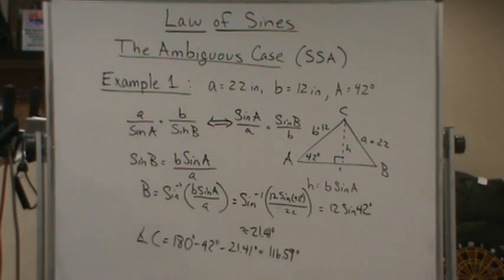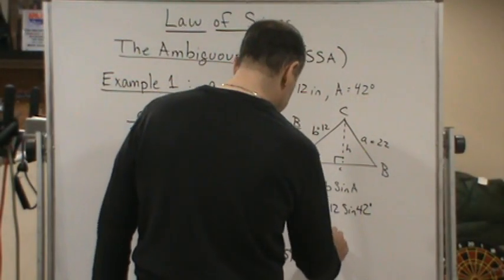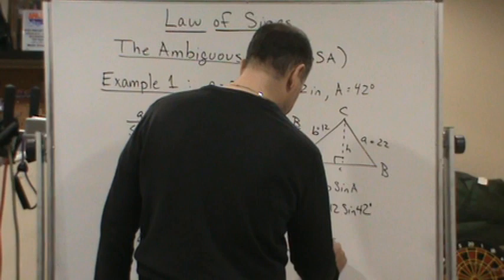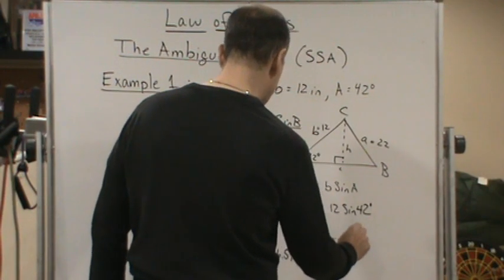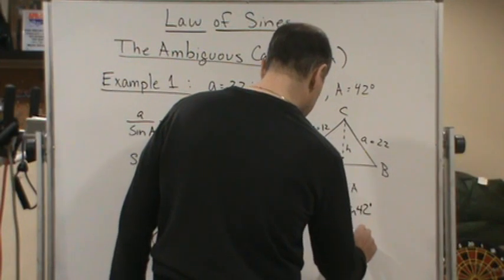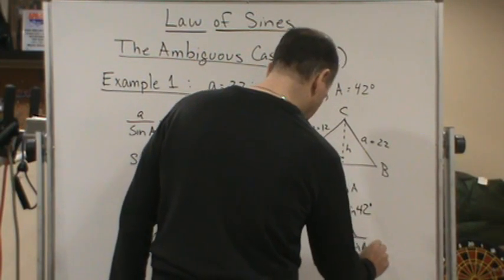And so now we've got all three angles, and now we're going to use the law of sines to find c. So we're going to use c over sine C is equal to a over sine A. Right?